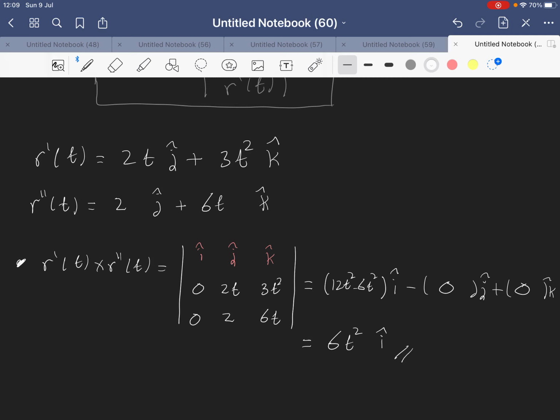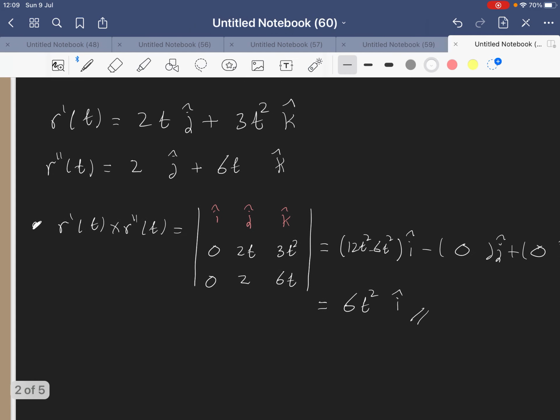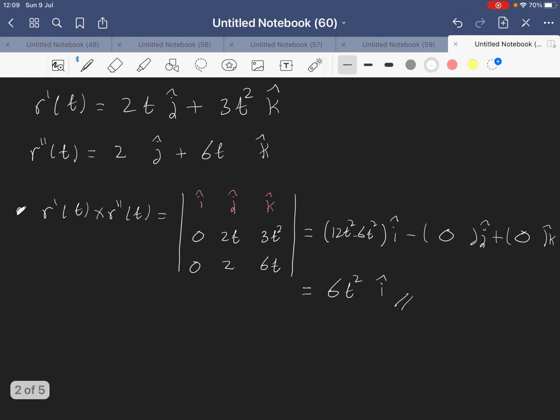That is the cross product. Now, all that remains to find the curvature is to find the magnitude. The formula for the curvature is the magnitude of the cross product, which we just found, over the magnitude of the first derivative to the power 3.